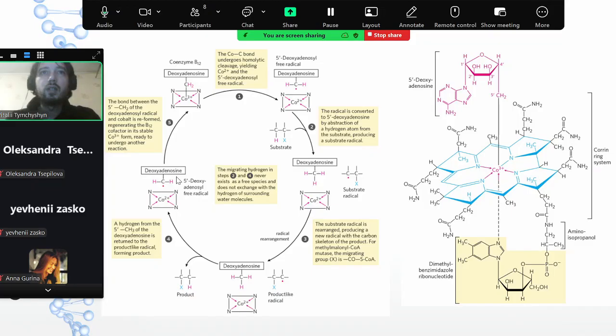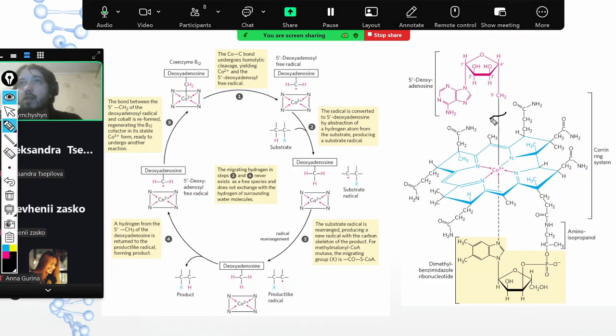And here you see once again that the bond between 5' CH2 of the deoxyadenosine radical and cobalt is reformed, regenerating the B12 cofactor in its stable cobalt 3+ form, ready to undergo another reaction. So that's a cycle, and this cycle is performed through a radical. Here you see this scheme.